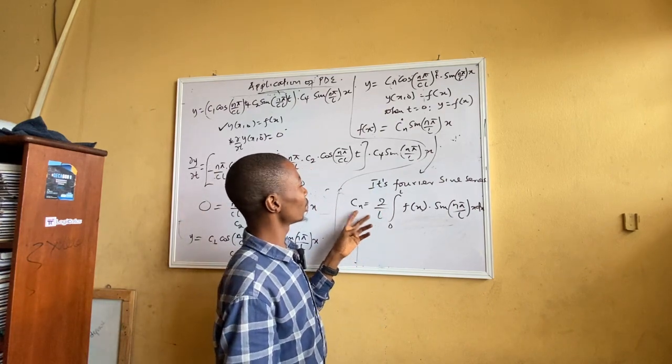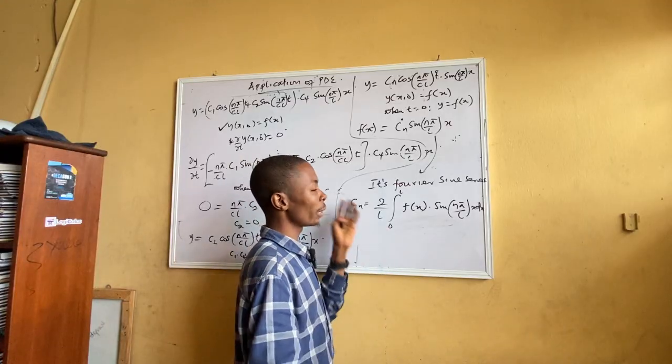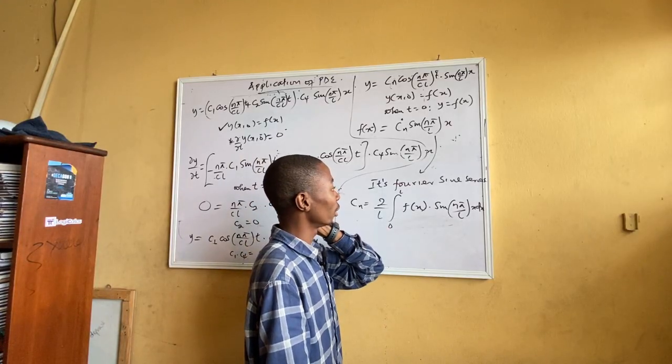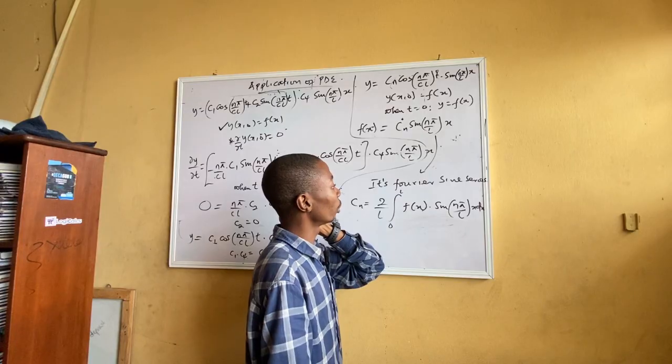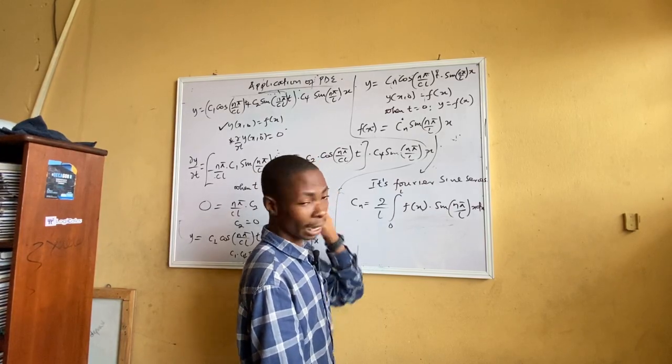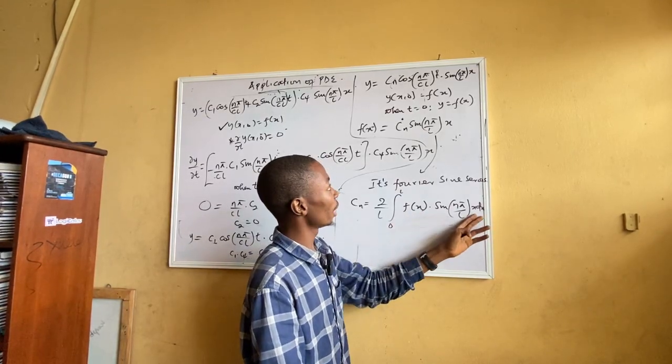This problem encompasses so many things that you need to go back and revise. So Cn is equal to 2 over L integral of f of x sine n pi x over L.